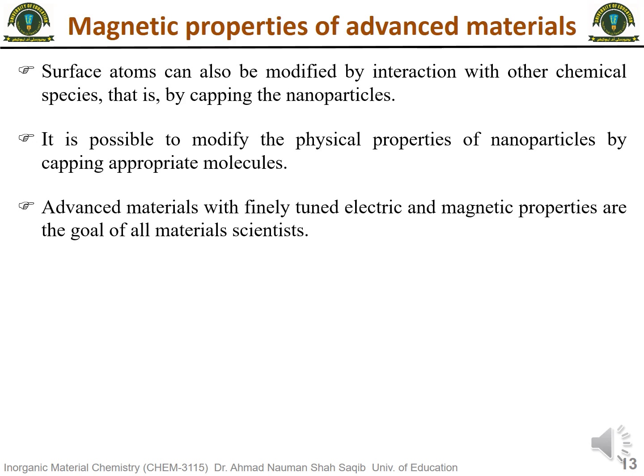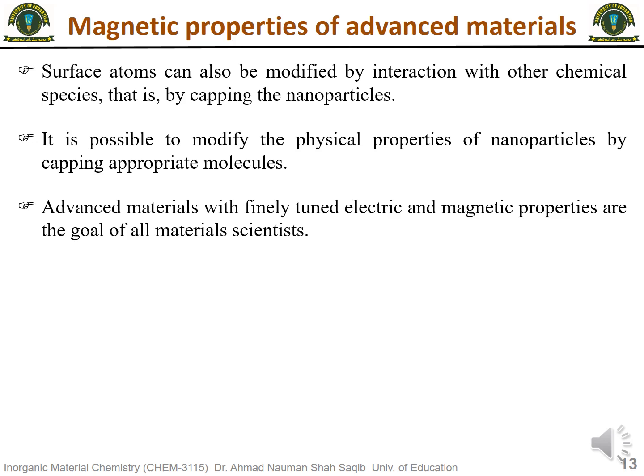Advanced materials with tuned electrical and magnetic properties are the goal of all material scientists. There are different applications where magnetic materials are used, and where electrical materials are used.